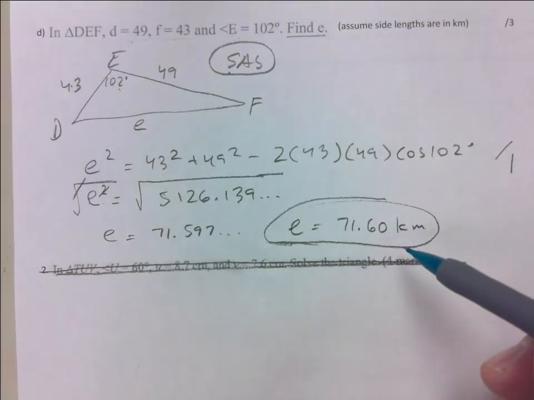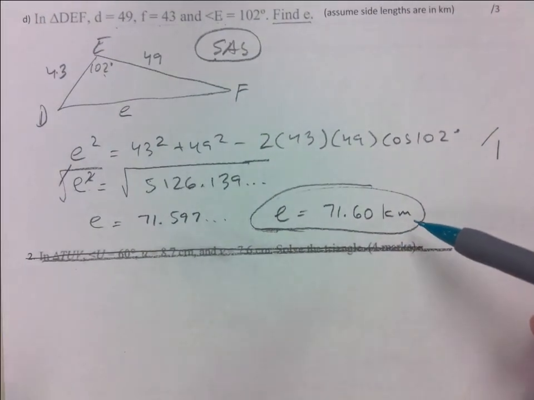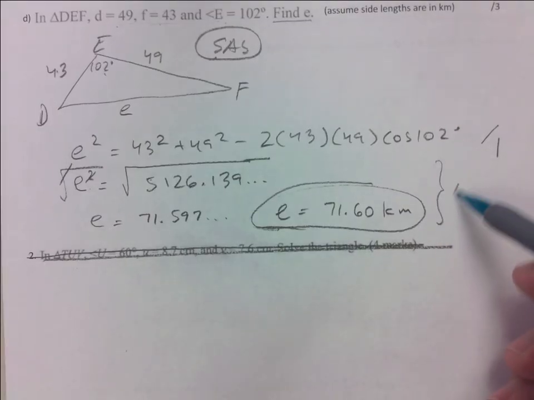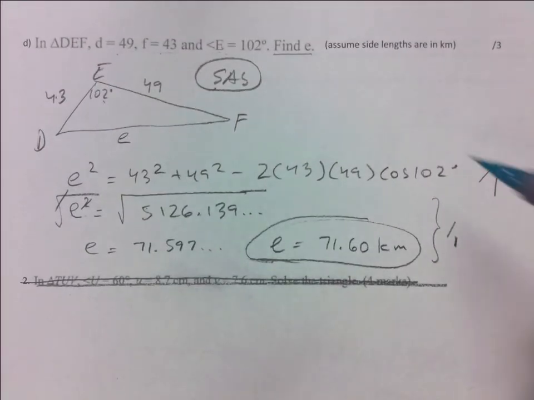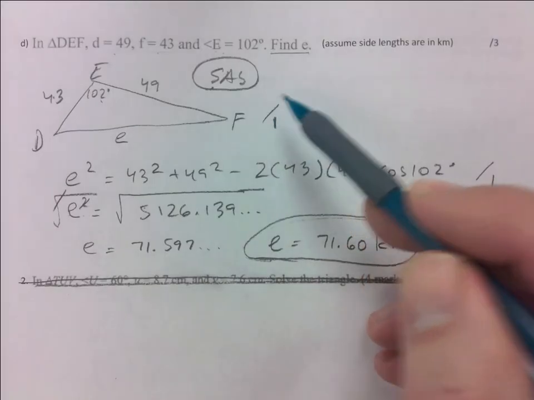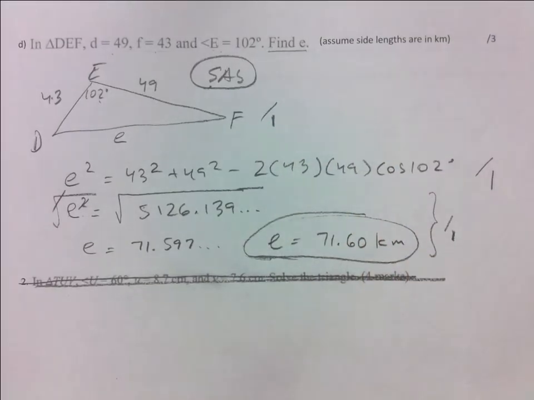That is the correct, properly rounded to 2 decimals. You might wonder, where's the third mark coming from? I'll just give you a mark for the diagram. How's that? I feel like most of you did the diagram. If you didn't do the diagram, you still get 3 out of 3 if you get the right final answer.